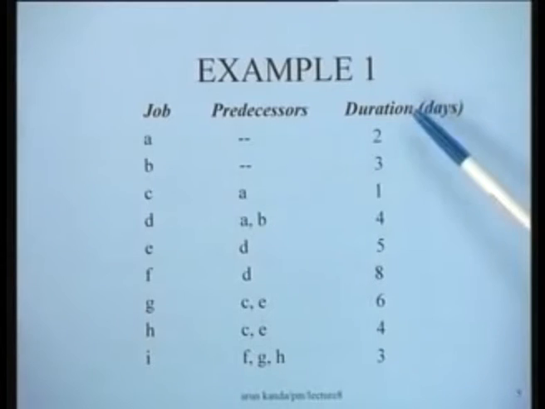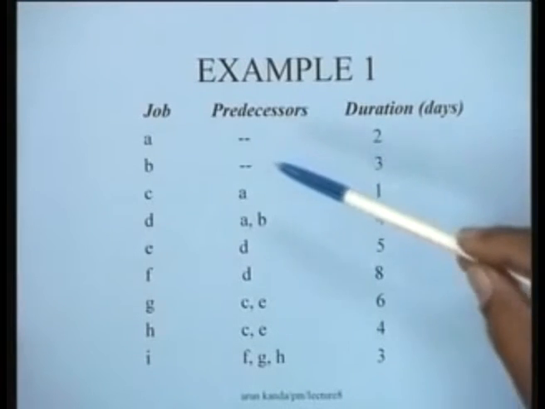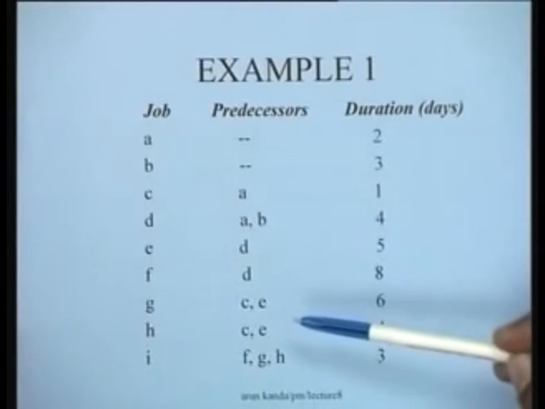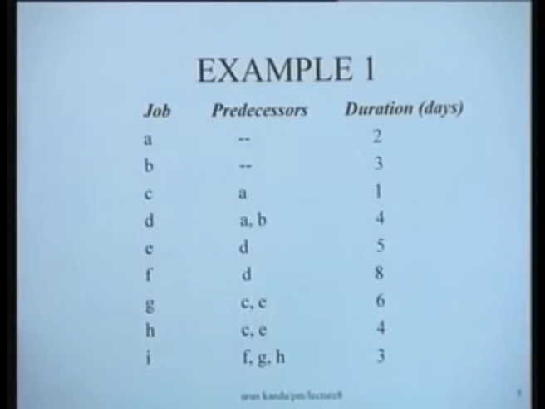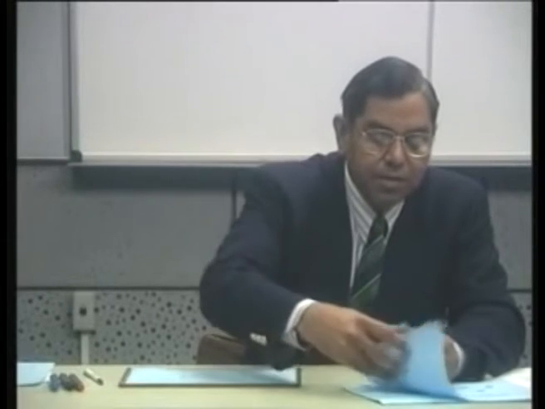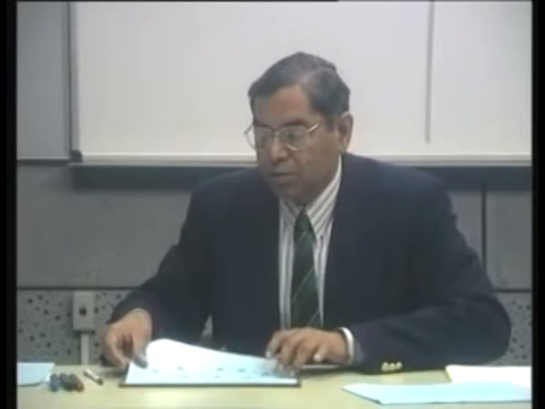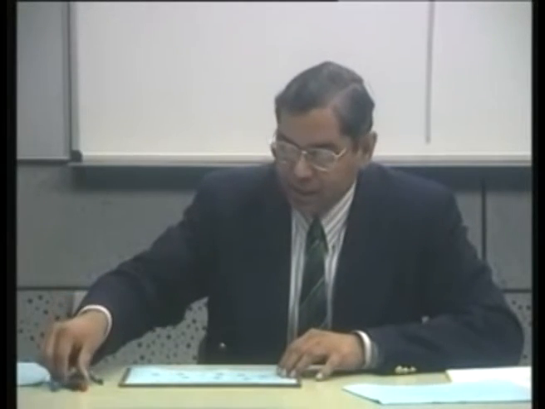So, the first step in doing this problem is to represent this information on jobs and predecessors in the form of an AOA network, and this can be done very conveniently by means of a diagram which, if you look at the list, would be something like this.